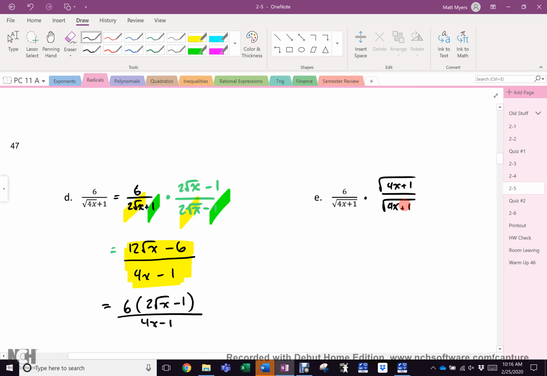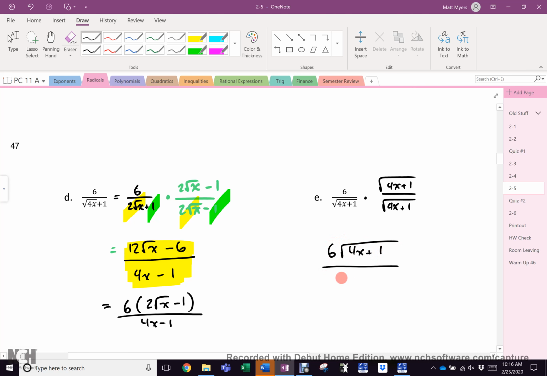Everybody understands? So what am I going to have in the numerator? It's just 6 root 4x plus 1.